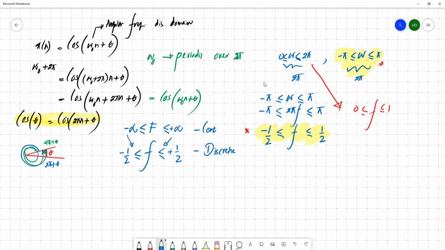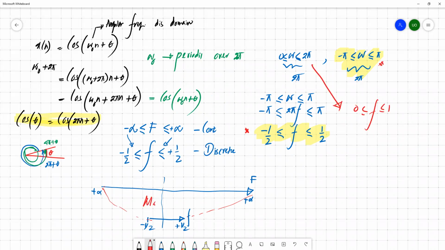If you draw it, this is the capital F. This entire domain is mapped to this range.